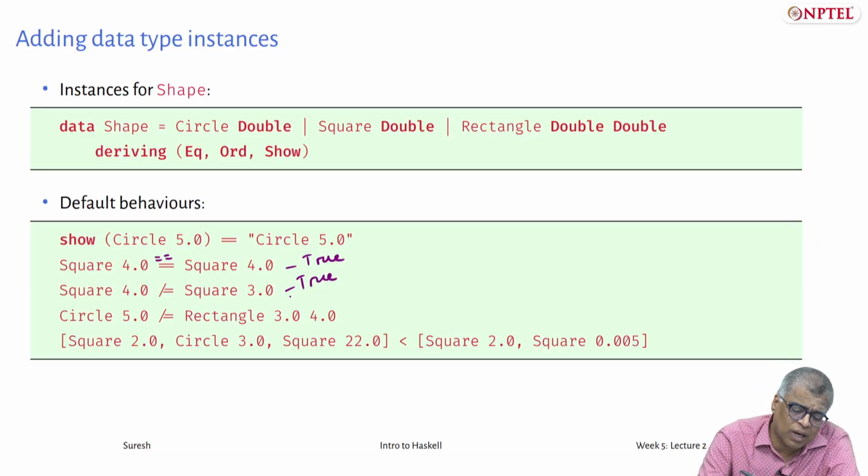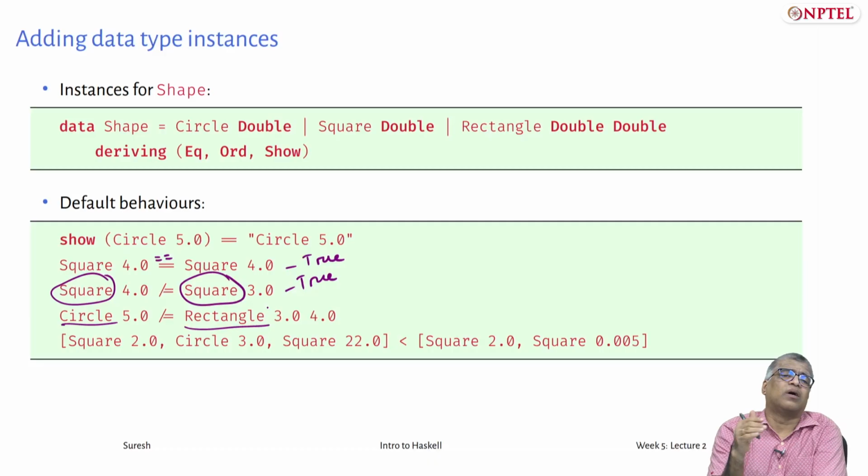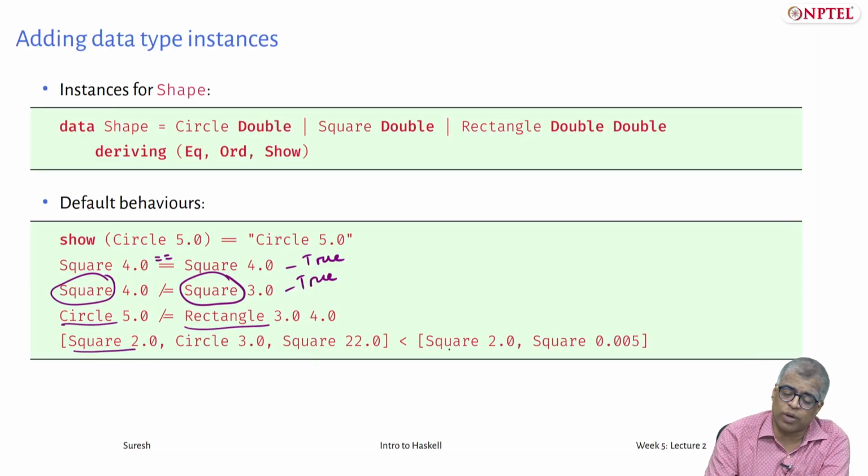The point is that this is a square, that is also a square, but the sides, the values differ. This is a circle, but that is a rectangle. So no matter what the parameters are, circle is not equal to a rectangle, so you will say they are not equal. And because you defined it to be Ord, the list of Square 2.0, Circle 3.0 and Square 22.0 is less than the list Square 2.0 and Square 0.005, because Square 2.0 is the same as Square 2.0.